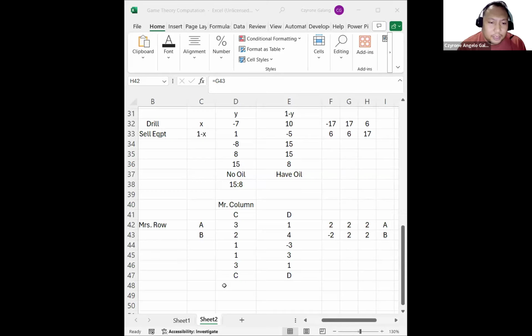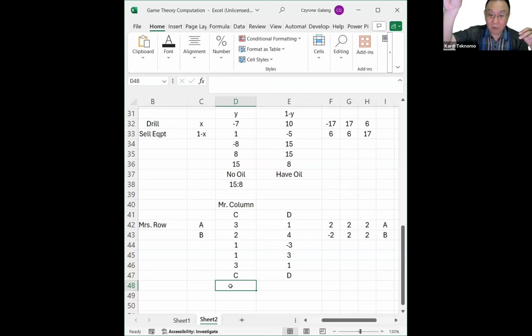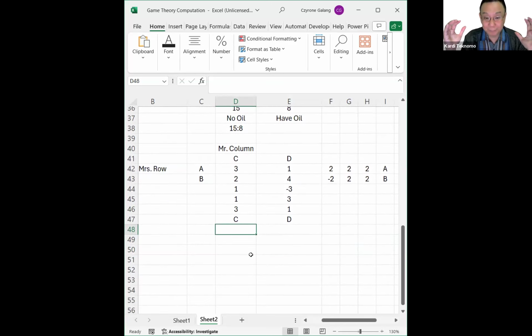The game value, I'm not sure how to get it, Prof. You multiply the odds with the payoff, and then plus the other odds multiplied by the payoff, and then divide by the sum of the odds.